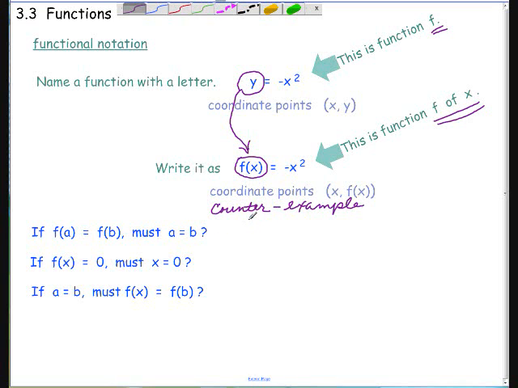Well, suppose, let's try something. Suppose function a is a squared, and suppose function b equals b squared.